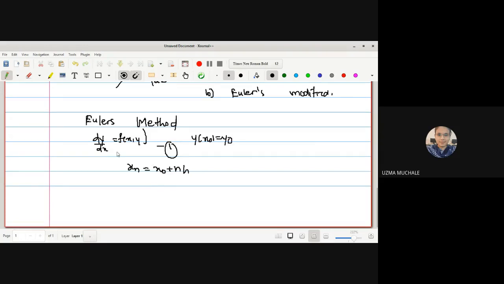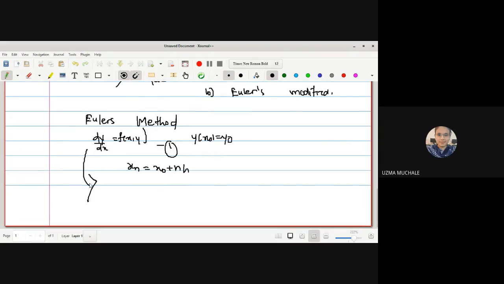Now if I want to integrate this equation with respect to x, what will be the integration?